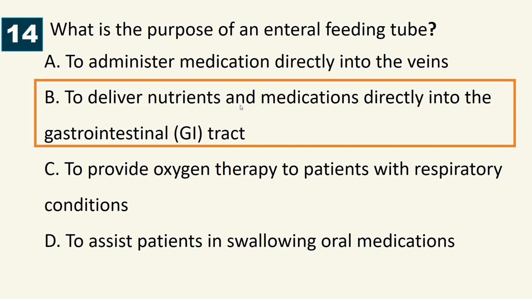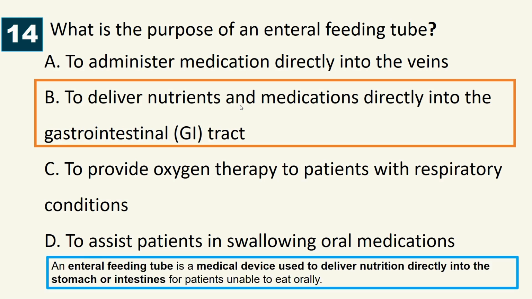It delivers nutrients and medication directly into the gastrointestinal tract for those who cannot take nutrients orally. So therefore, for those who are unable to eat orally, these enteral feeding tubes are used for administering nutrients into their gastrointestinal tract.